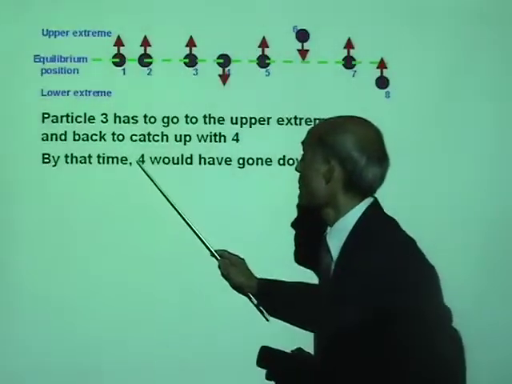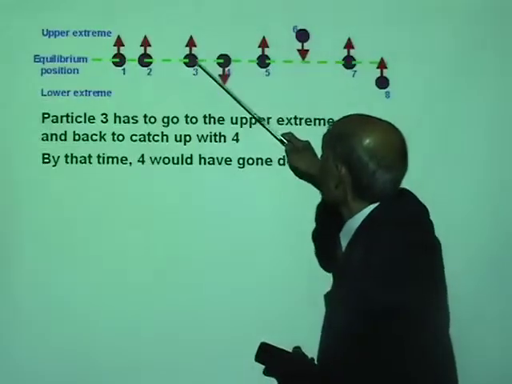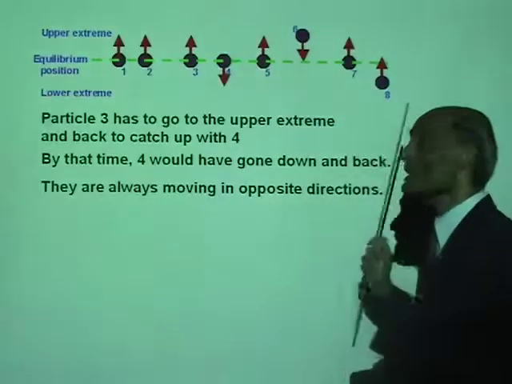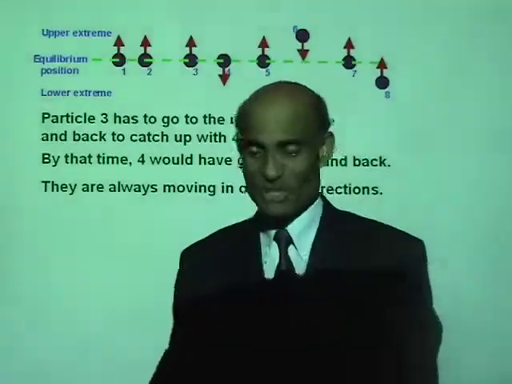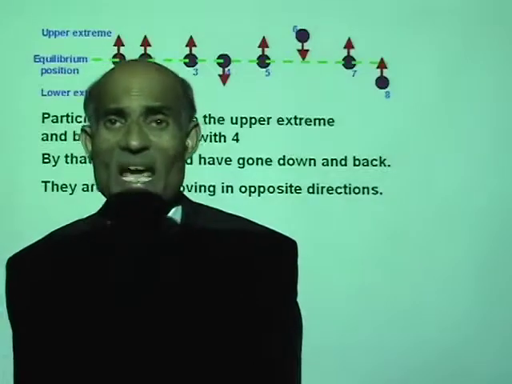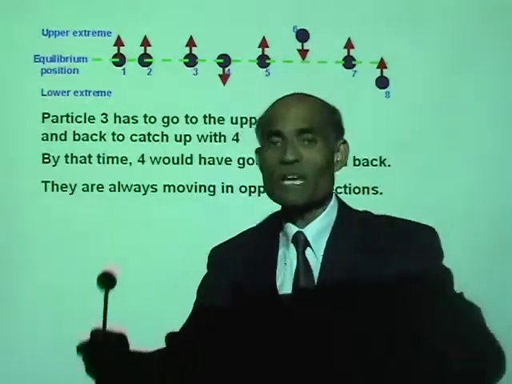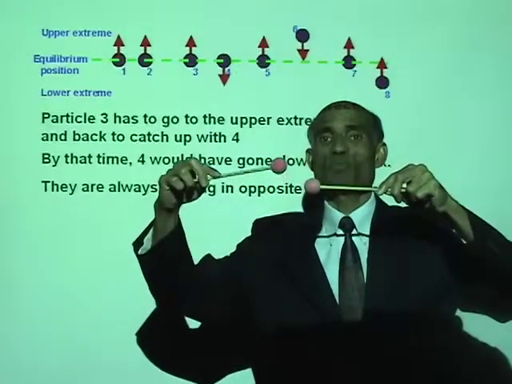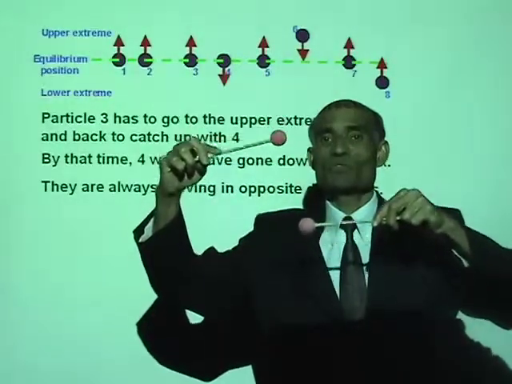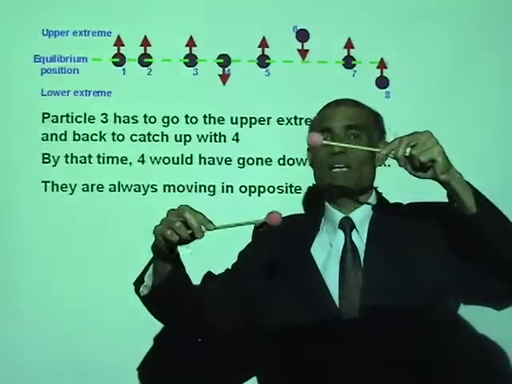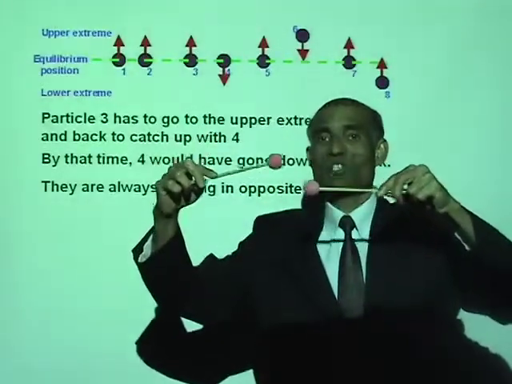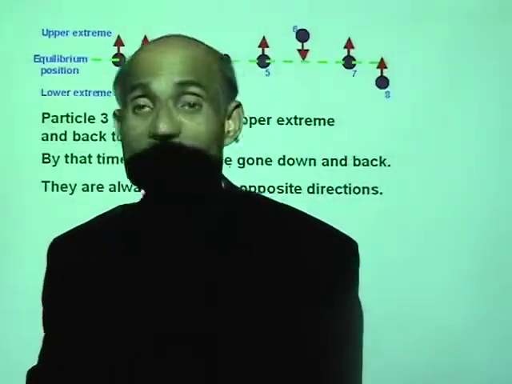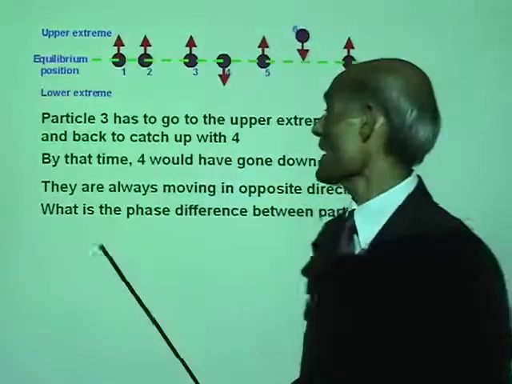So they are always moving in opposite directions. So is it reasonable to say that particles 3 and 4 are always out of phase? When one begins to move up, the other moves down. You see that? They are completely out of phase. One particle leads the other by T by 2, half a period.